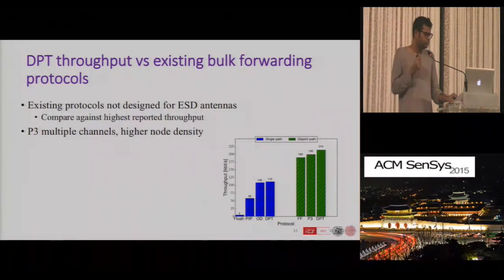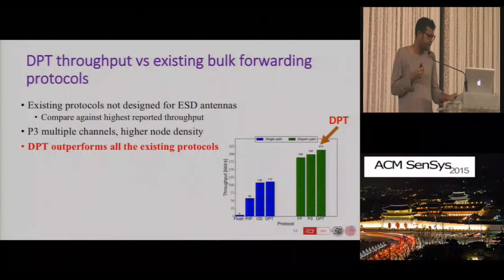Finally, we look into comparing the throughput that we achieve as compared to the other bulk forwarding protocols. So one of the problems with the existing bulk forwarding protocols is that they are not designed for the ESD antenna, and it's not possible to redesign them to be able to exploit all the features of the ESD antenna. And hence, we only compare against the highest reported numbers from their respective publications to compare the results of the DPT protocol.